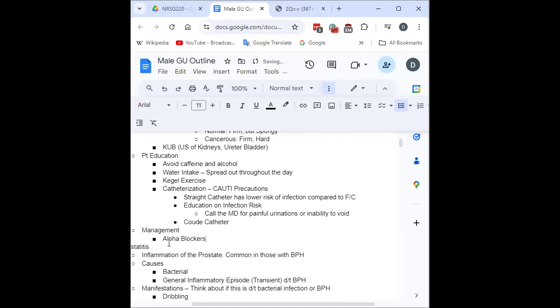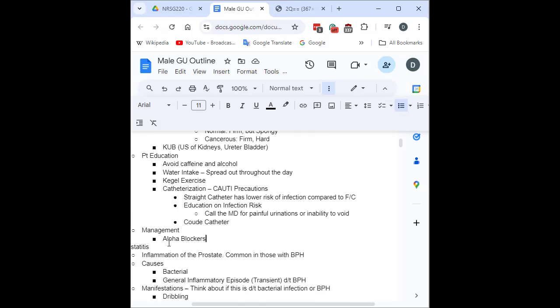Perfect. So your alpha blockers, from pharmacology, you guys know your alpha beta receptors are your sympathetic nervous system. That's your fight or flight. If you're blocking them, you're tipping the other way, to rest and digest, and that also includes the ability to relax.